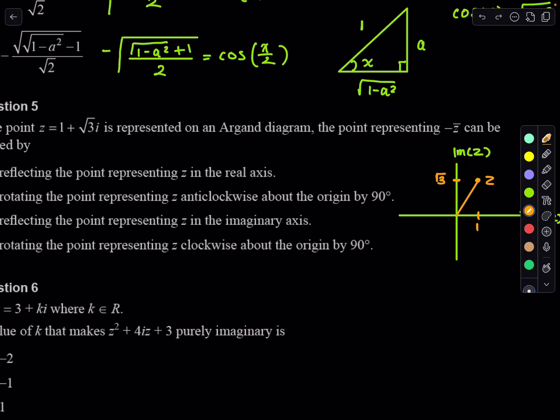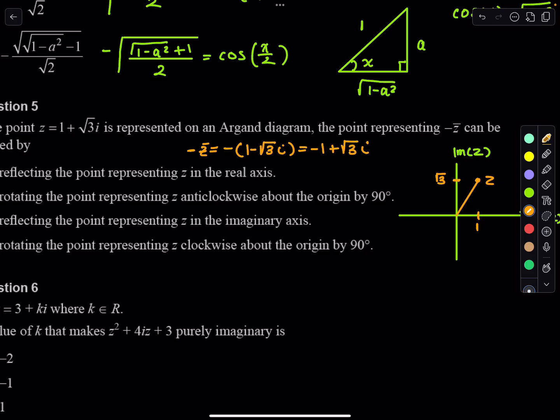So what's the conjugate of z first? Remember, for the conjugate you just make this a minus. So it will be 1 minus root 3i. And then you put a negative in front of it, making sure you put the negative in front of everything, which becomes negative 1 plus root 3i.